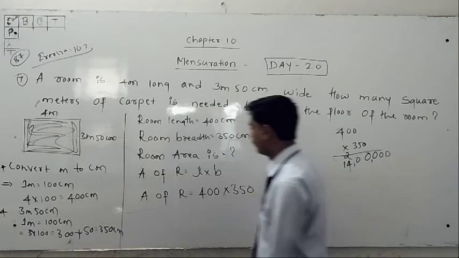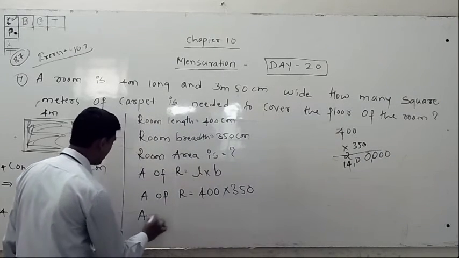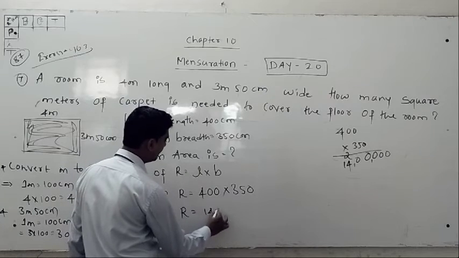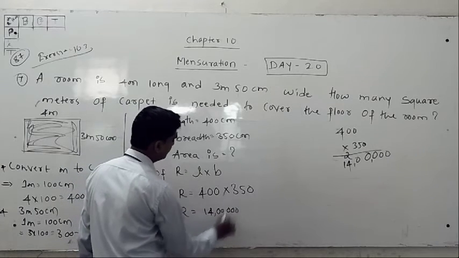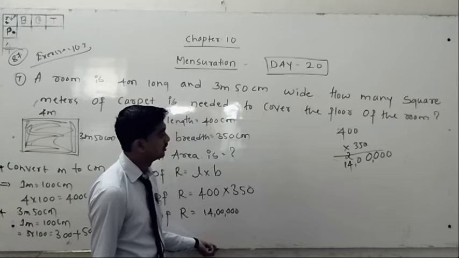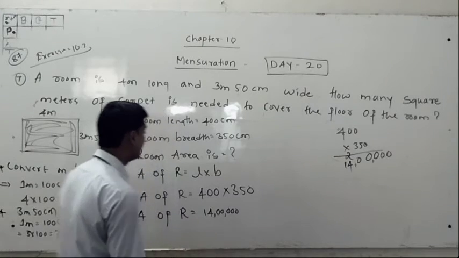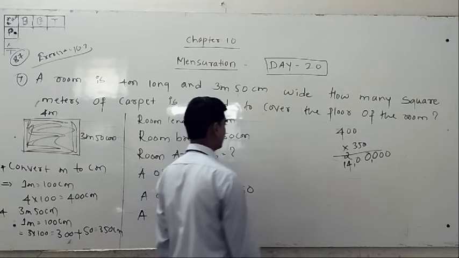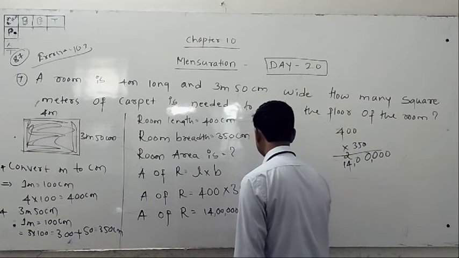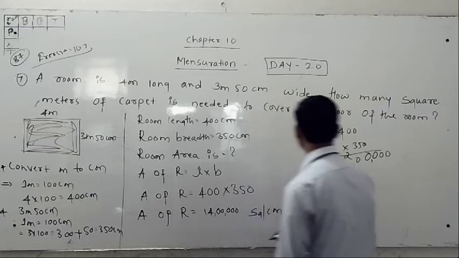Area of rectangle is equal to 14 lakh centimeter square, cm.